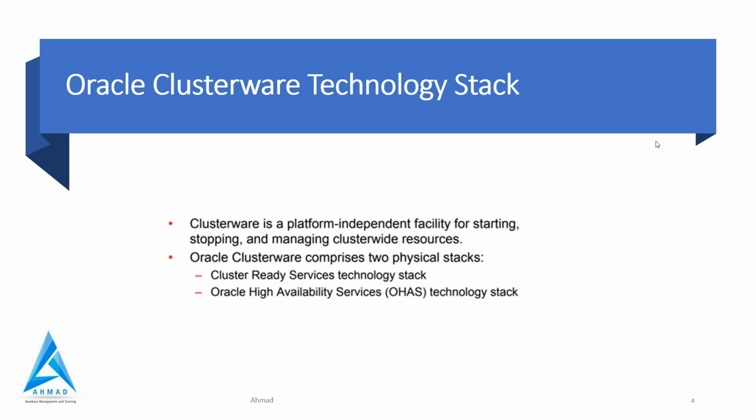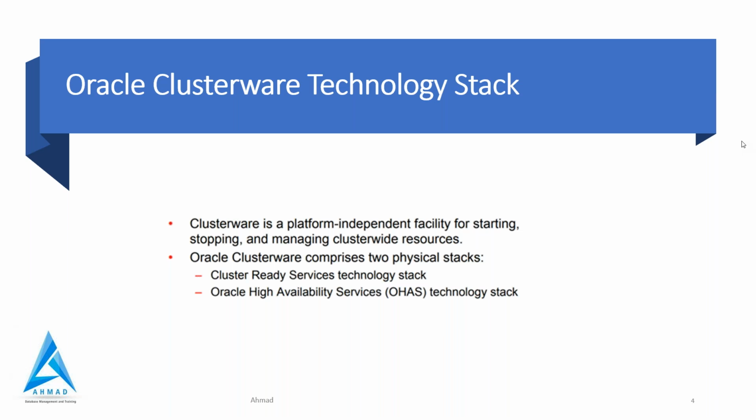CRS manages the resources of your cluster, and that resource configuration information is stored in the OCR. Whenever CRSD wants to do anything, it reads the OCR, which includes the startup, stop, monitor, and failover operations.